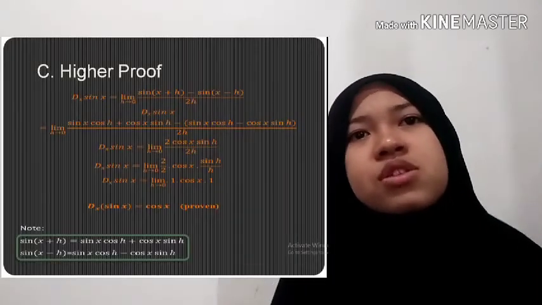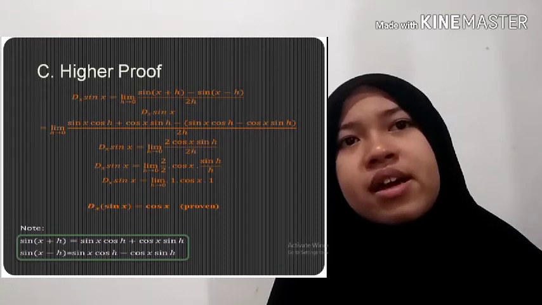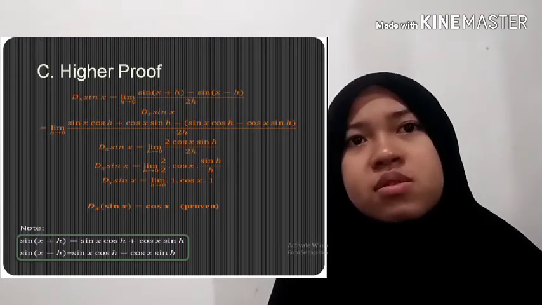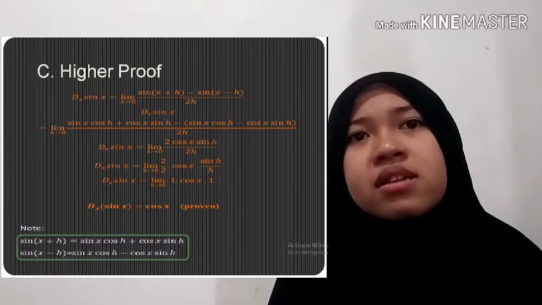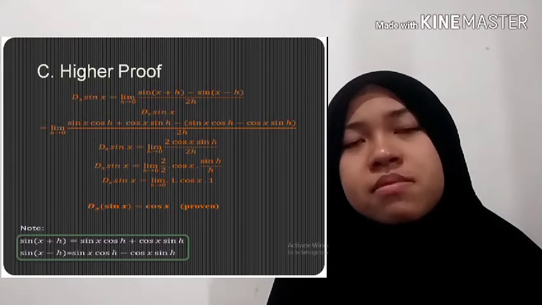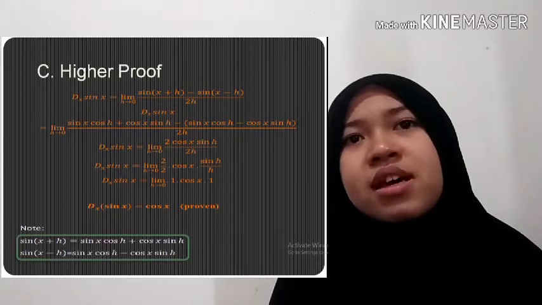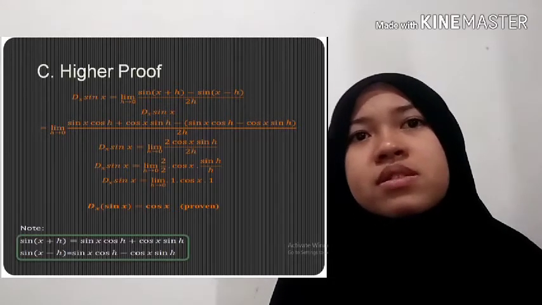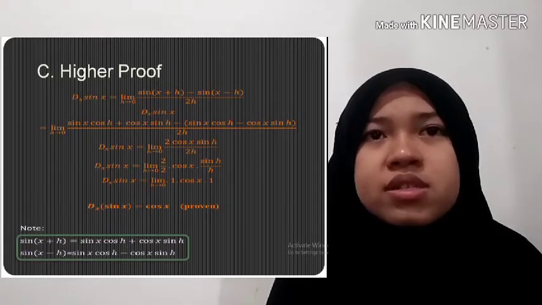We can also use the derivative of sine x is equal to the limit as h approaches 0 of the function sine of (x plus h) minus sine of (x minus h) all over 2h. Why can we use it?